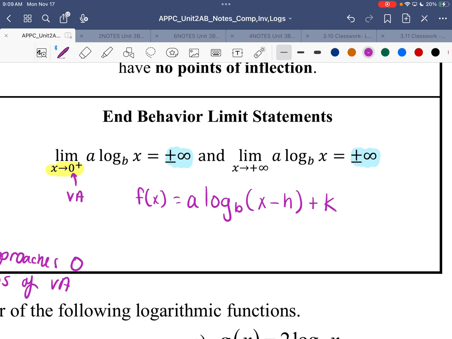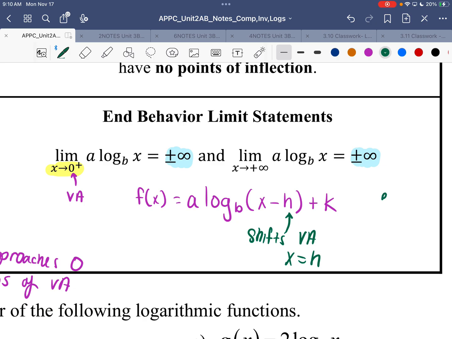And if we have a vertical asymptote, A, B, H, or K, which of those things do you think is taking an x equals 0 and shifting it horizontally left and right? H. So the H is how we are shifting our vertical asymptote to whatever x equals H would be.